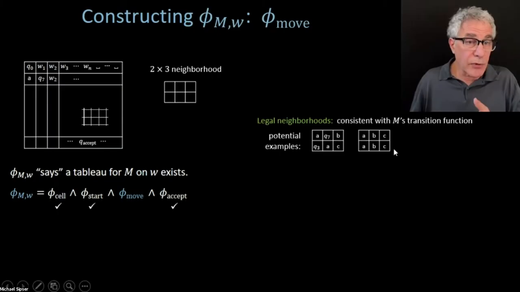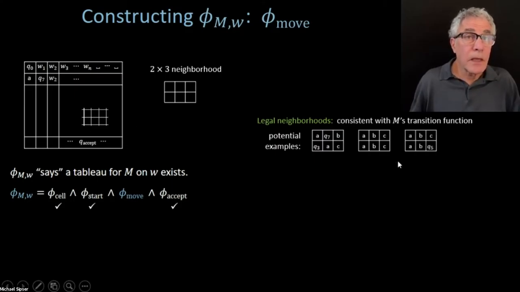Another legal neighborhood, this would always be a legal neighborhood, is if nothing changes. That means the head of the machine was somewhere else, and so whatever was on the tape in this step is going to be the same stuff in those places one step later. Here's another possible legal neighborhood.